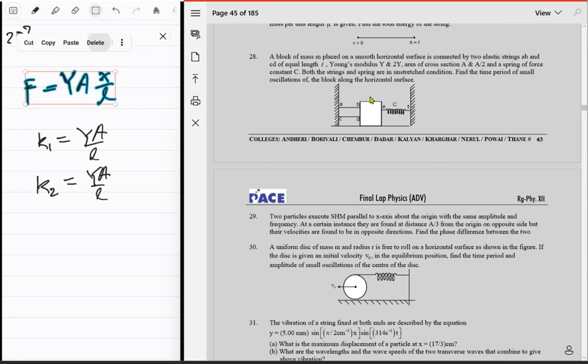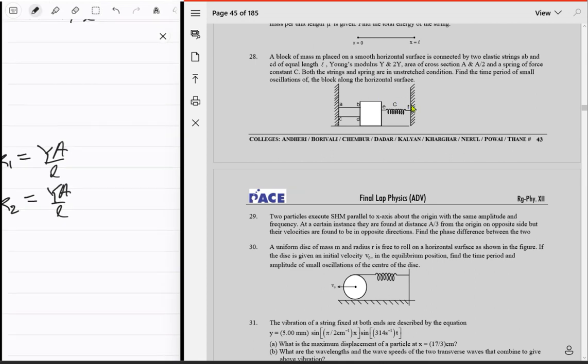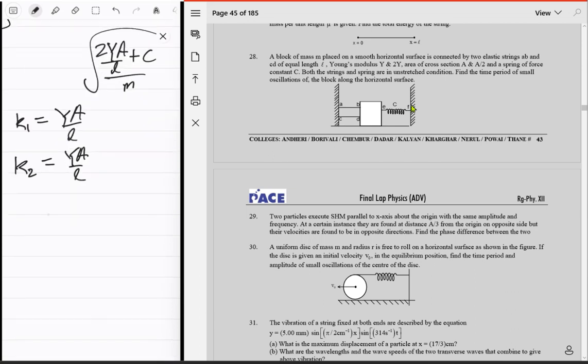Okay, cool. So these are the K constants, which combined is just 2YA upon L. So your complete combined K is just 2YA upon L plus C, and that upon M, so the square root of that is our omega. Whatever, 2 pi square root of M common.